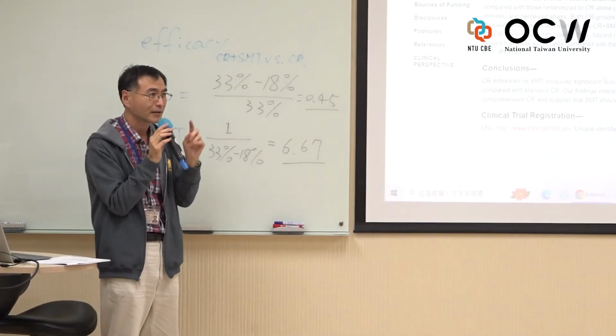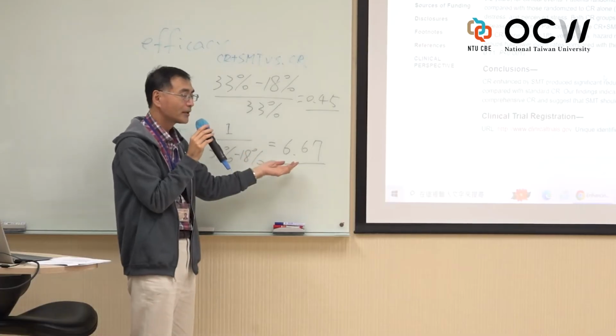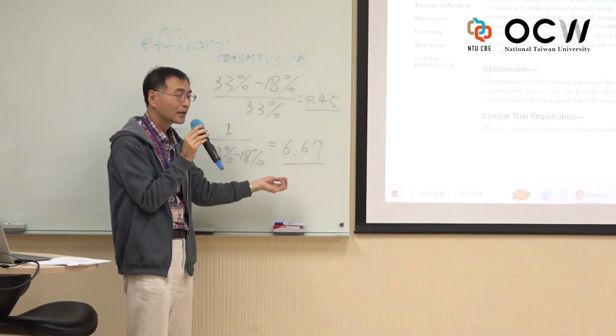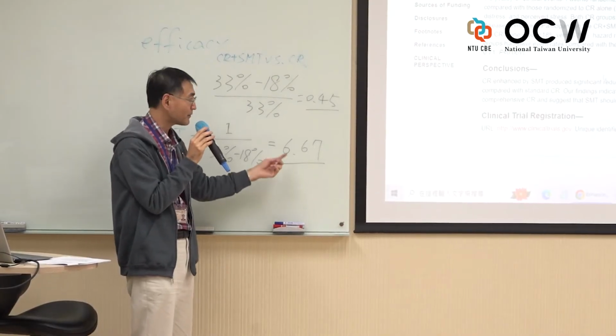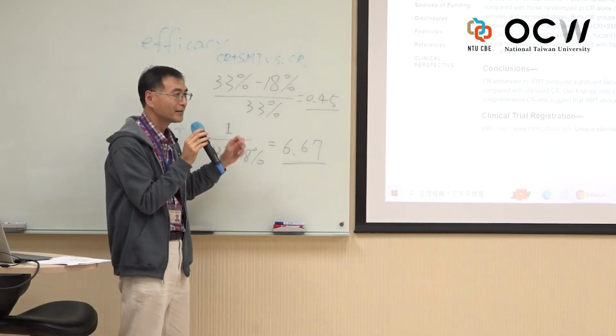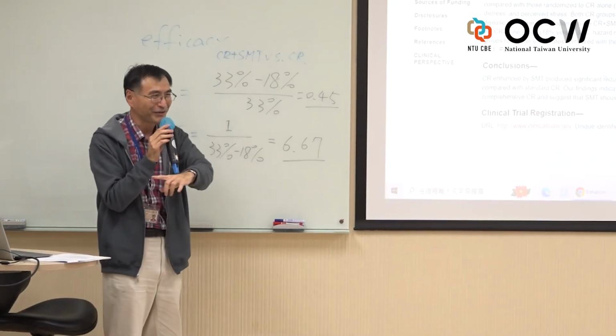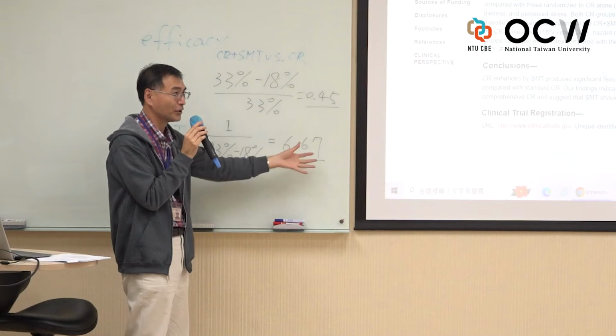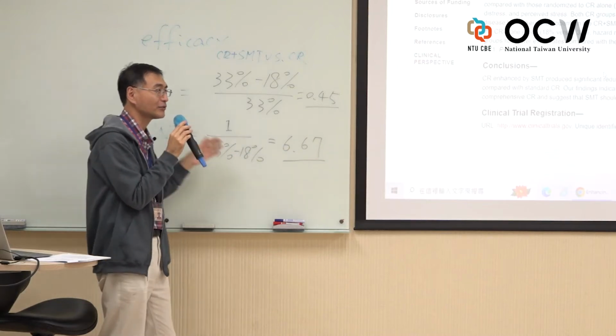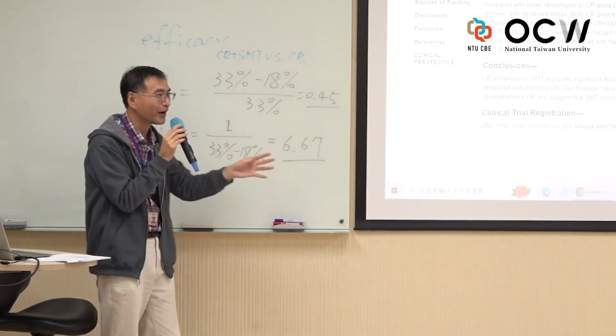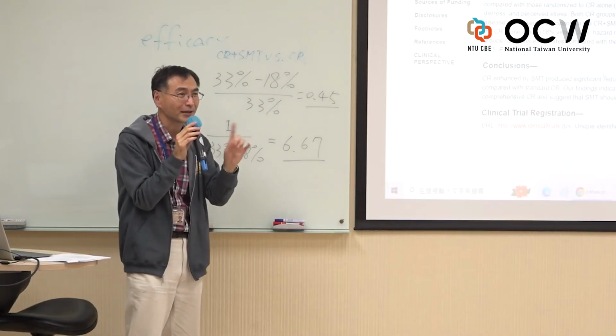Okay, you can save 1. So if the number is smaller, then that's better. If the number is 1, it means that whenever you treat anyone, it works for everyone, right? If the number is huge, 1 million, then you need to use the new method to treat 1 million people to save 1, right? So it's not a good one.